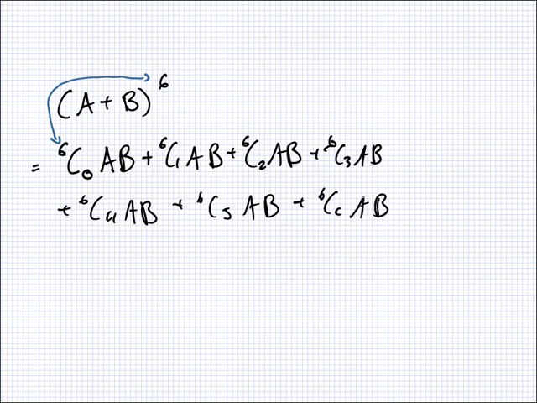Then you put in the powers. You can start with a or with b. If you start with a, the powers are 0, 1, 2, 3, 4, 5, 6, and b must be opposite: 6, 5, 4, 3, 2, 1, 0.